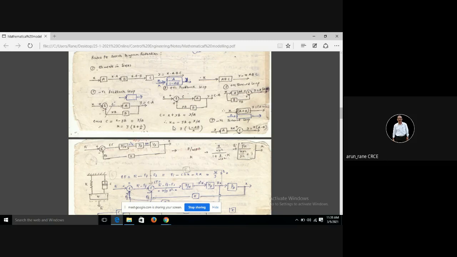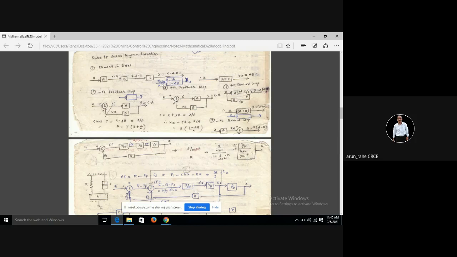So y upon x will be equal to 1 upon 1 minus ab upon a, and that a will go on the top. So this is how we can represent the positive feedback loop. So positive feedback loop, we can write transfer function like this. This is x, this is y, and this is the transfer function, a upon 1 minus ab.